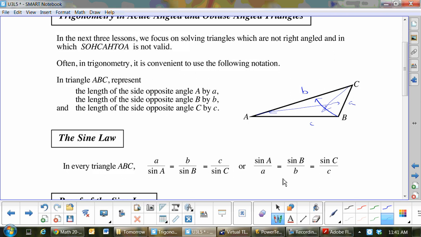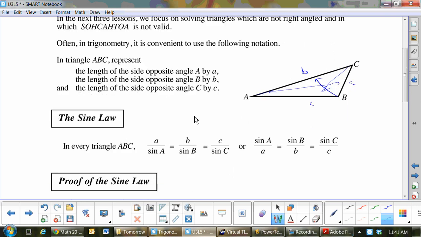Now, from this, we're going to be looking for 2 loops. When you get 2 loops, you're going to use 2 of these 3 equaling each other. Or if you want, you can flip each, as long as you see how in both of them, sides always stay in the same level, and angles always stay in the same level.